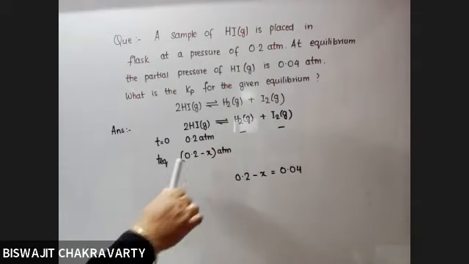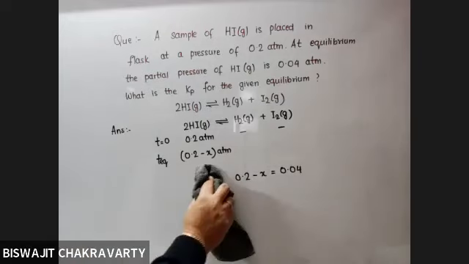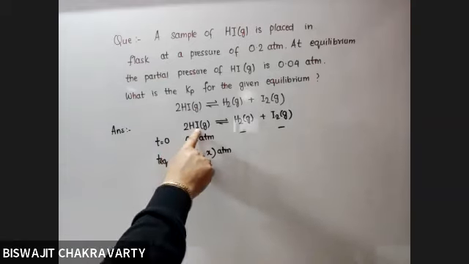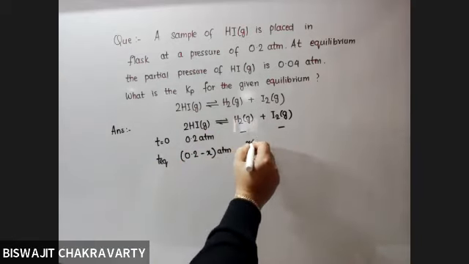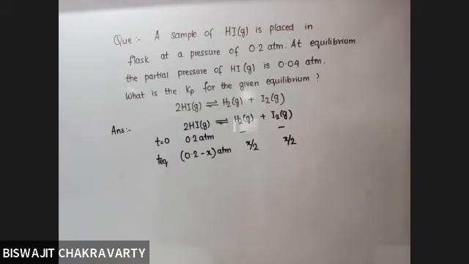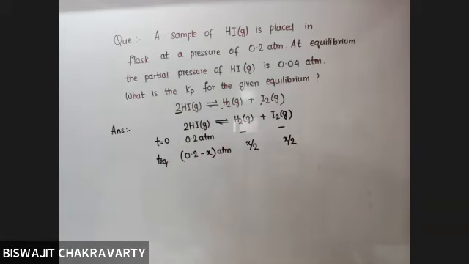Now tell me, if x is decreasing from HI, how much H2 and I2 will be produced? The ratio is 2:1:1, so these are 2 moles and these are 1 mole each, x/2. So if x decreases from HI, x/2 will form. Is it clear why it is x/2? HI decreases by x, and hydrogen and iodine increase by half of that, so it will be x/2 and x/2, yes or no?